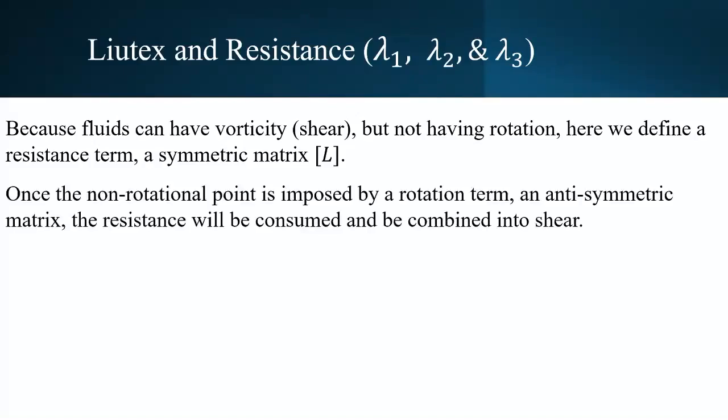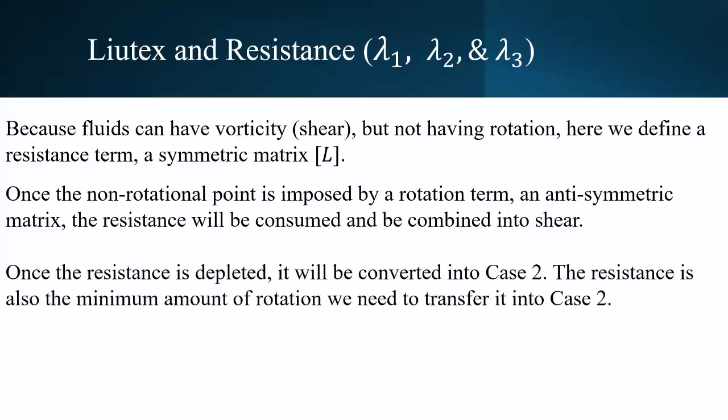In my opinion, for the non-rotational point, if it's imposed by a rotation term, which is an anti-symmetric matrix, the resistance will be consumed and it will increase the shear. Once this resistance is depleted, this non-rotational point will be converted from the third case into the second case.